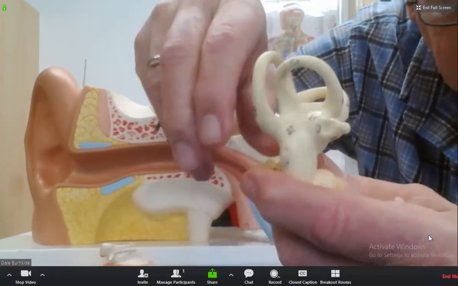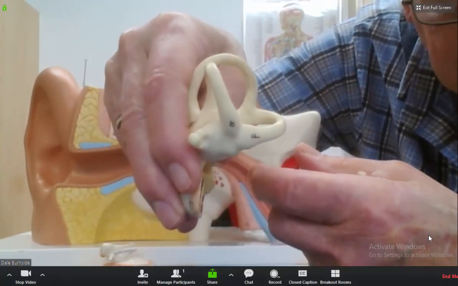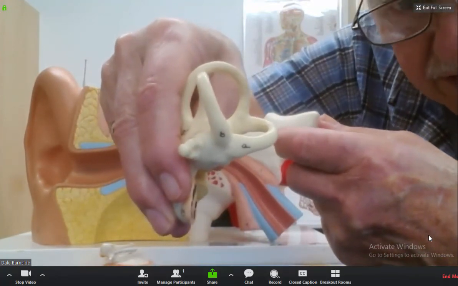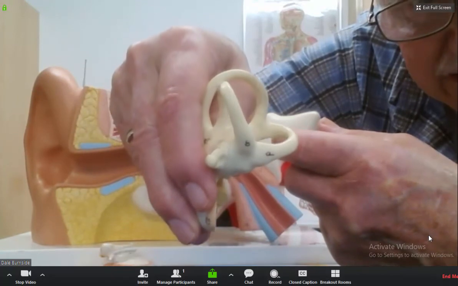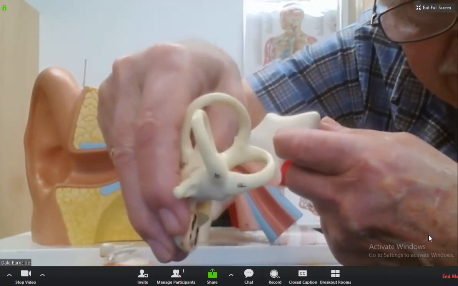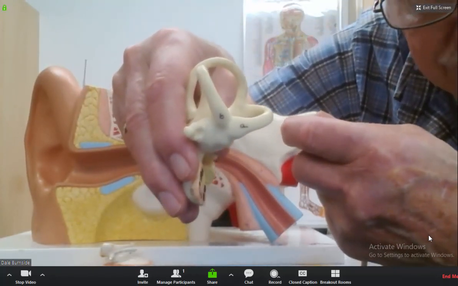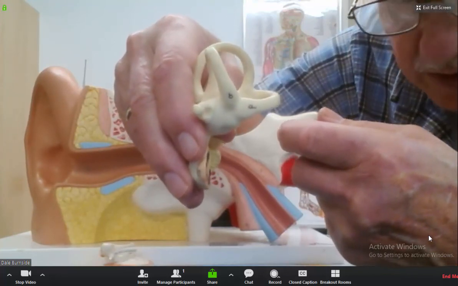And the other important part of the inner ear are these things, the semicircular canals. They're also filled with fluid, and they have little otoliths, like little grains of sand, and they can help you tell whether you're going left or right or up or down or forward or backward. So I hope this video helps you to understand a little bit about the anatomy and function of the ear.